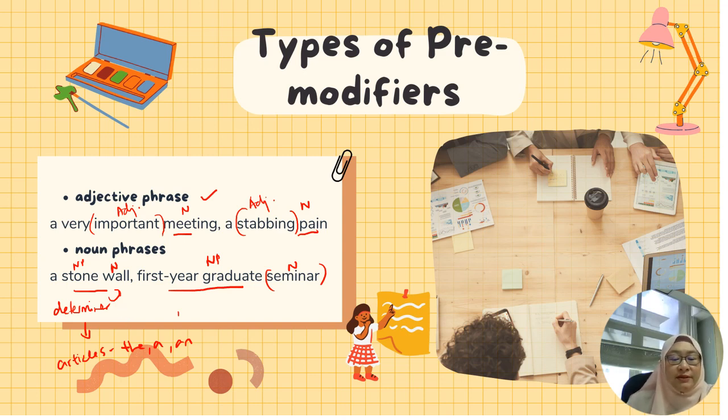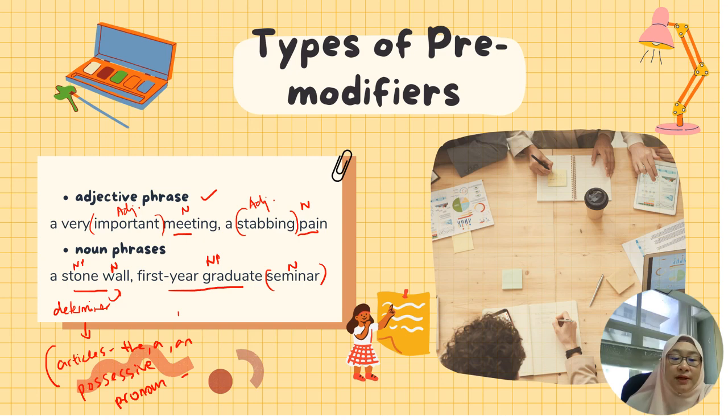Another form of determiner can also be in the form of possessive pronoun. So that's why it becomes a noun phrase, or a noun, that modifies another noun.